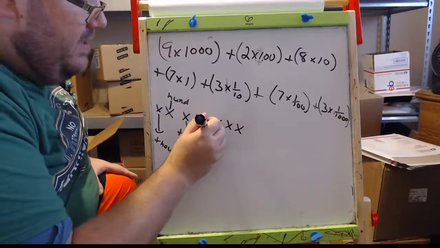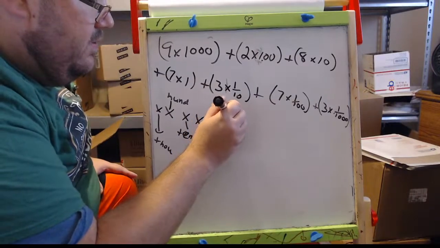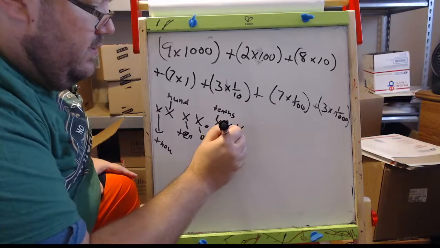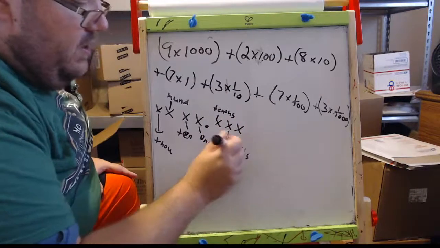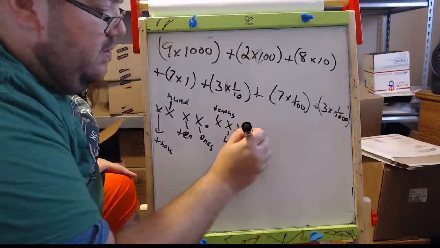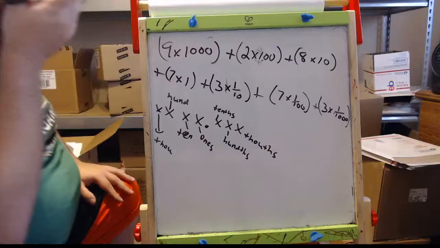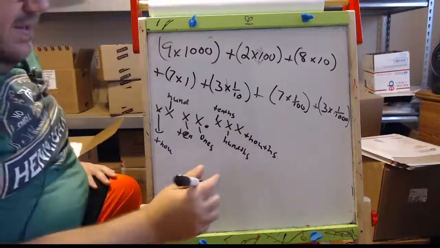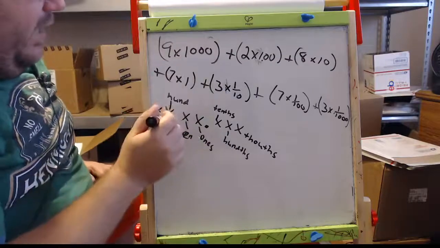Then after we get past the decimal point, we've got our tenths, hundredths, thousandths. I'm shortening the words there, but to get the point, this is where we're looking.